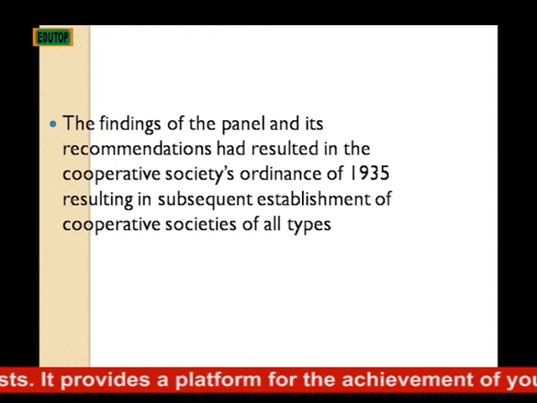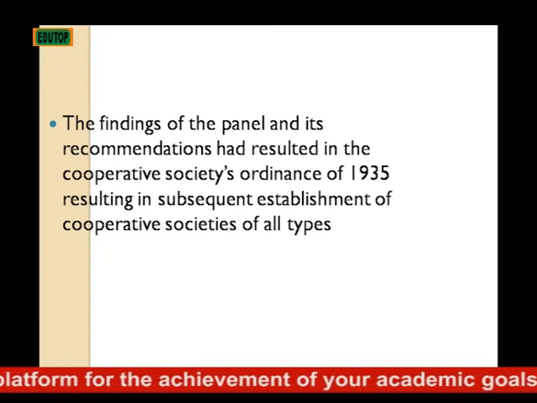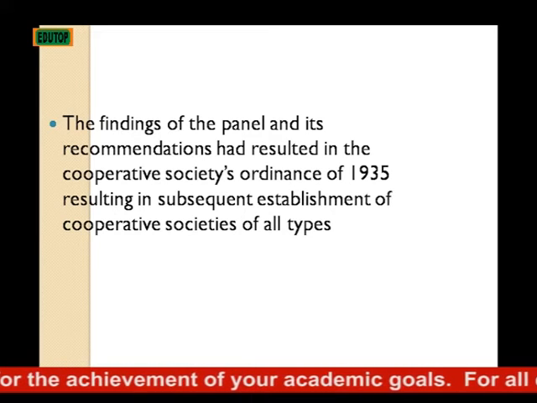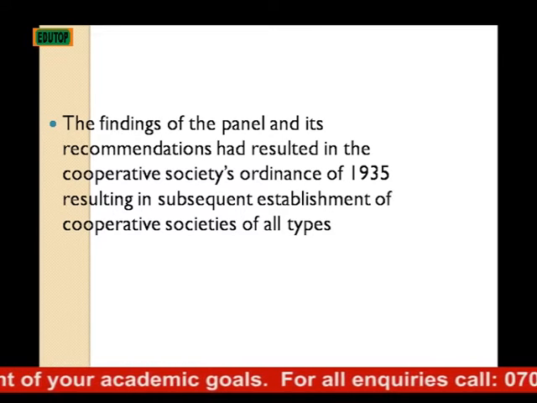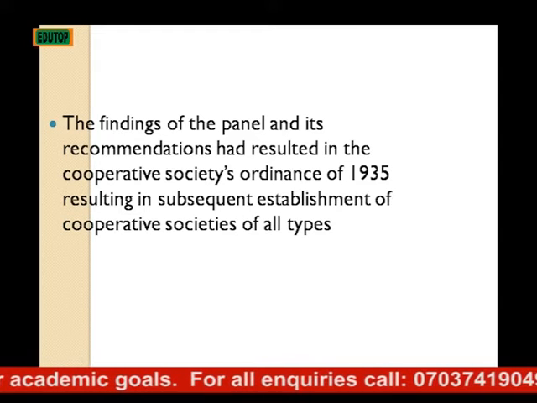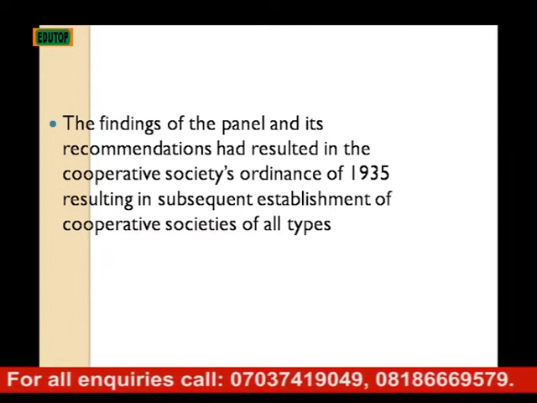The findings and recommendations of this panel resulted in the Cooperative Societies Ordinance of 1935, resulting in the subsequent establishment of cooperative societies of all types.